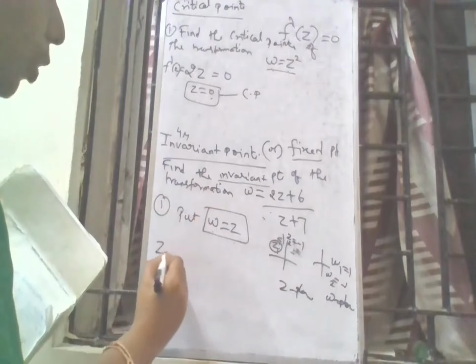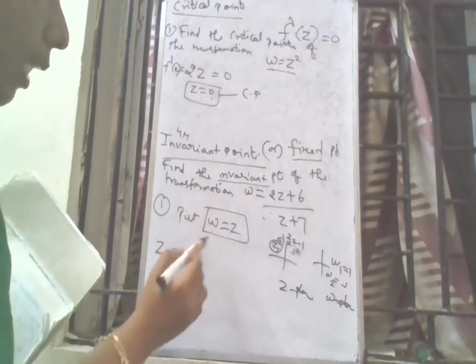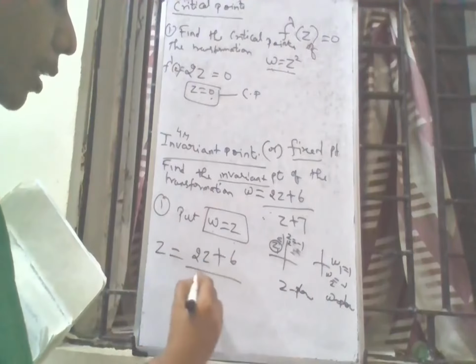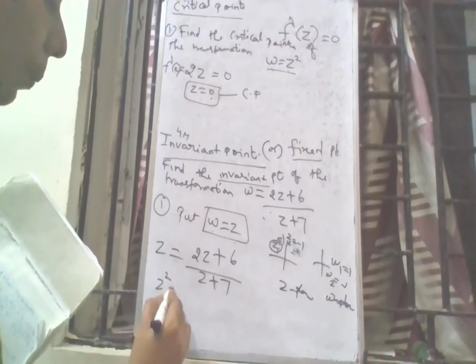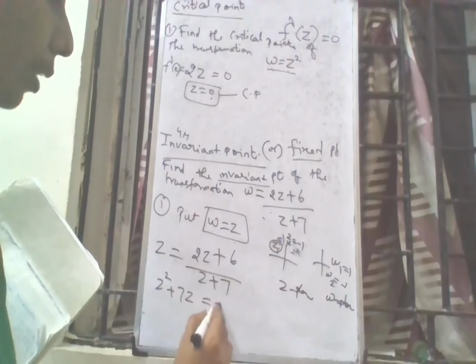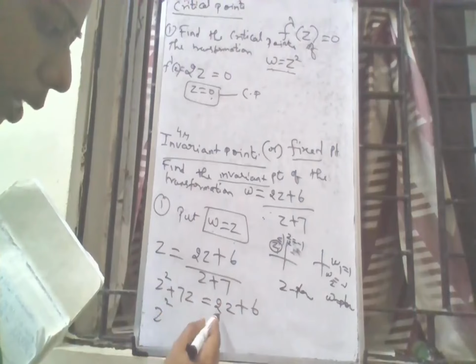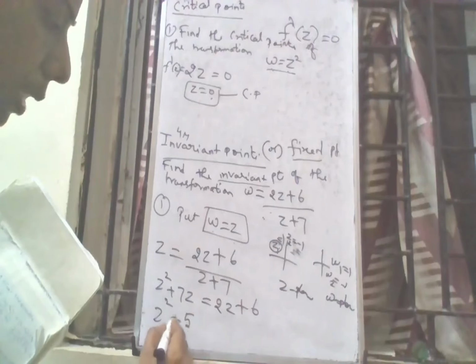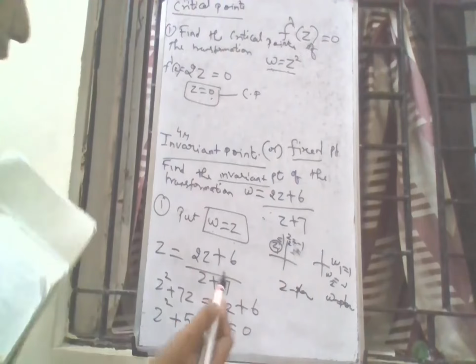I think I'll go for the problem. Practically as I said, I have to substitute w as z. So z = (2z + 6)/(z + 7). So z² + 7z = 2z + 6. Subtracting, I'll get z² + 5z - 6 = 0.